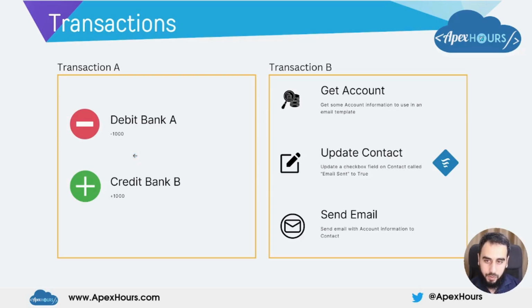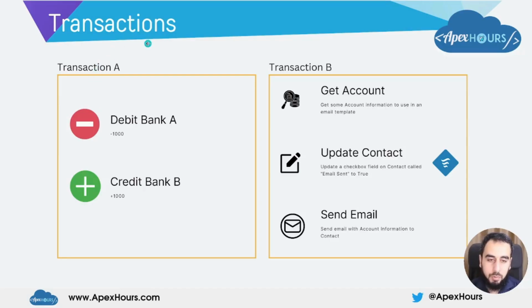What if when we add that 1,000 on the other bank, this second operation fails? We don't want the first 1,000 to be deducted and then not get added into the second account. This would be a problem. So the entire transaction is rolled back for safety. This is the reason behind transactions.